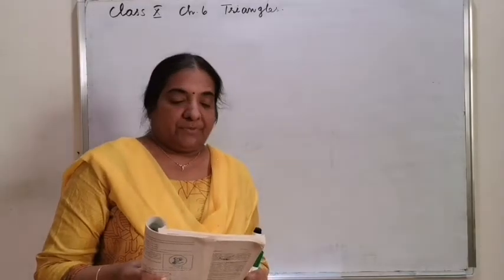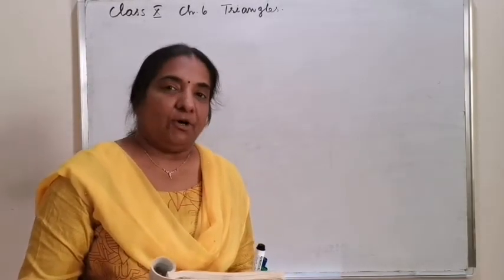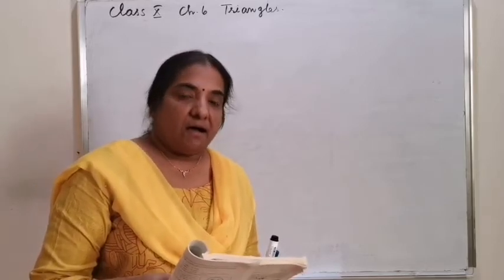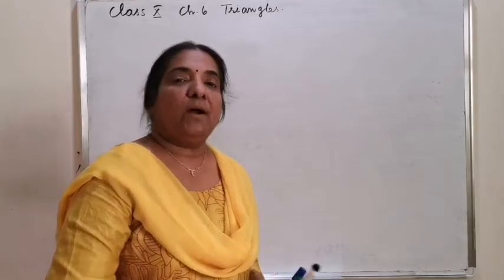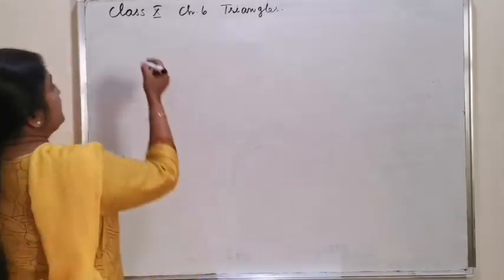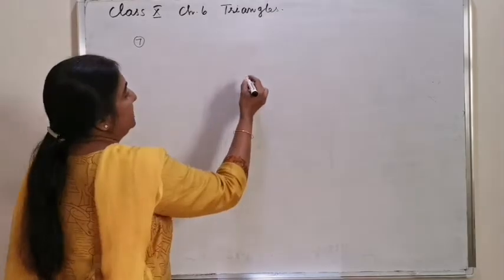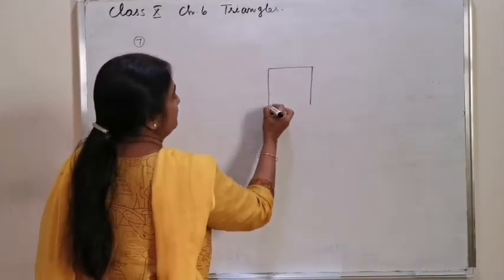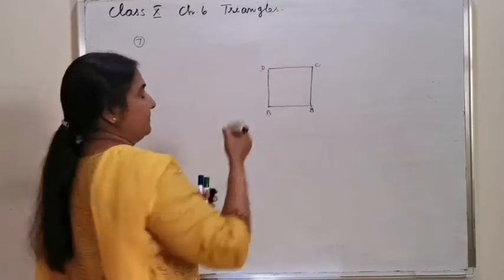Number 7. Prove that the area of an equilateral triangle described on one side of a square is equal to half the area of the equilateral triangle described on one of its diagonals. Question number 7. You are given a square ABCD.